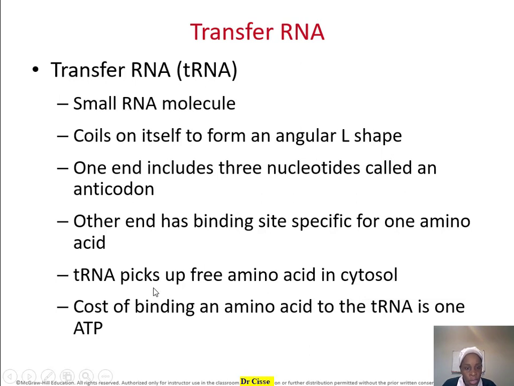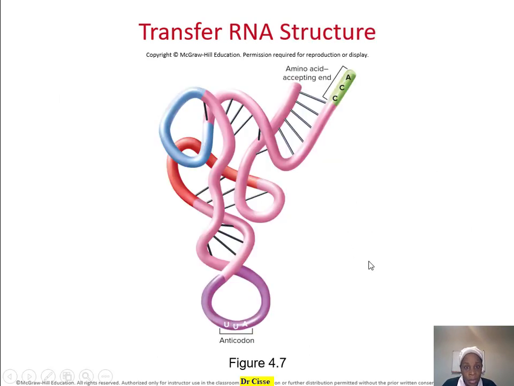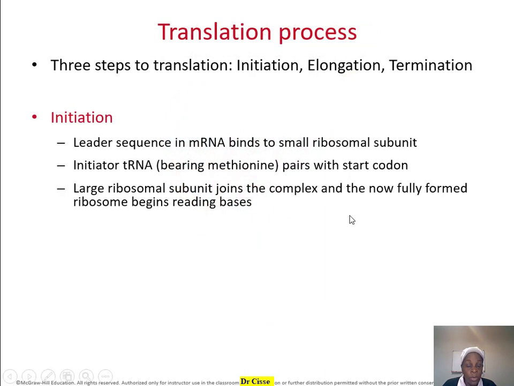The one that I showed you at the beginning. The tRNA picks the free amino acid in the cytosol, floating around, and adds them together. This is the tRNA. It has the anticodon that needs to match with the mRNA codon to bring a specific amino acid to be added inside the ribosome to build up the protein.